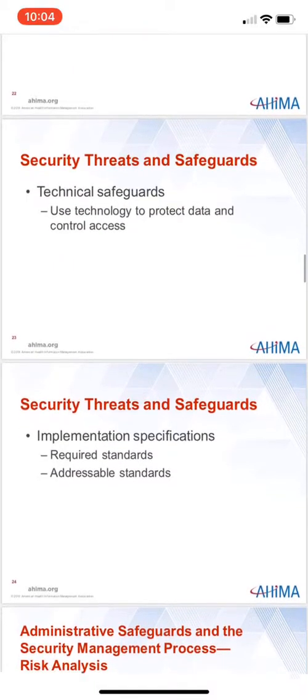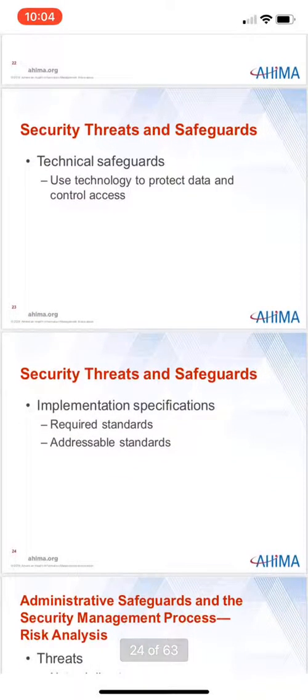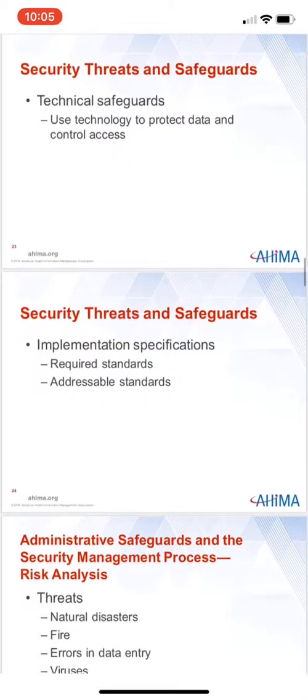Required standards must be implemented by all covered entities to protect electronic PHI. Addressable standards must be evaluated by the entity to determine whether or not the standard is reasonable and appropriate. If the standard is reasonable and appropriate, then the covered entity must implement the standard. If it is not, then the CE has the flexibility to identify an equivalent method of accomplishing the same objective.